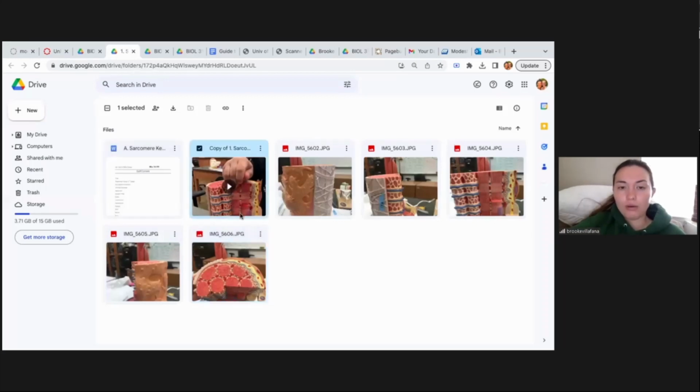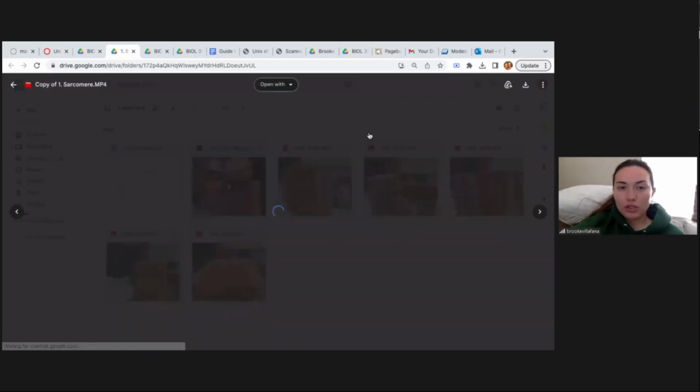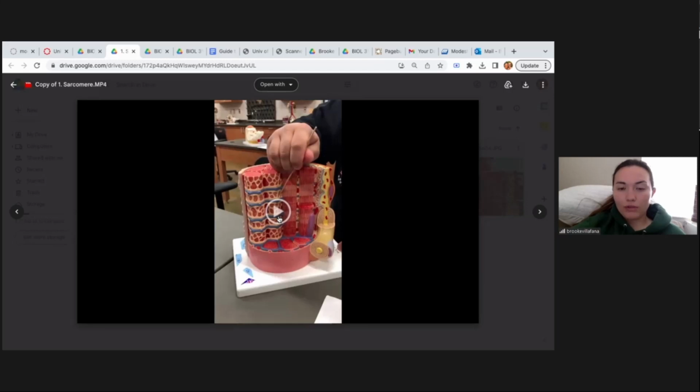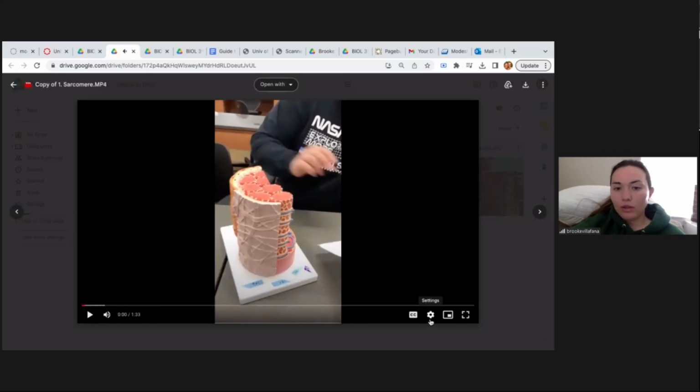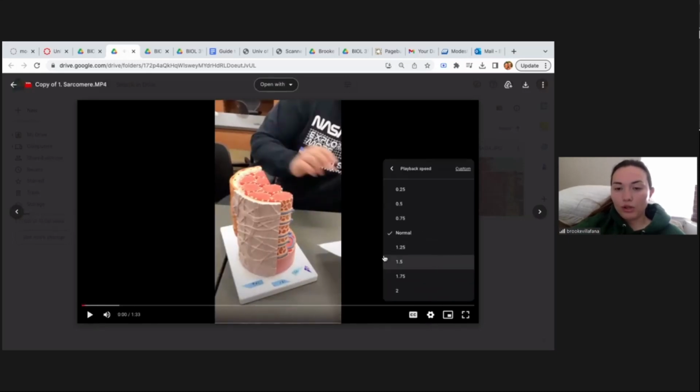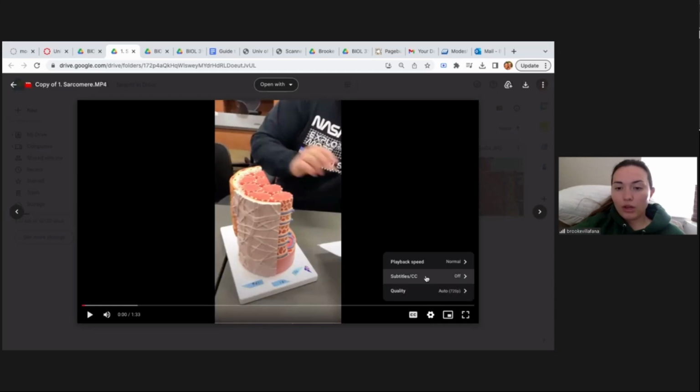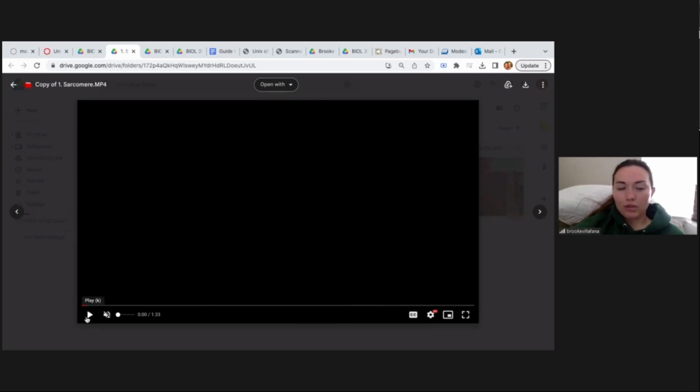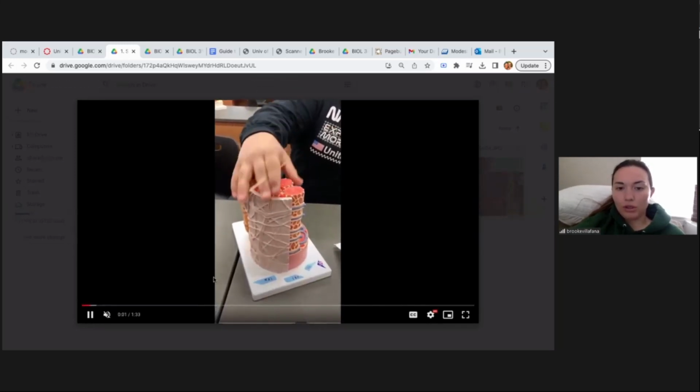Just to point out, for this unit, just like last time, every Google Drive link has a video of the previous SI leader covering everything you need to know about the model. So just to be really, really clear, you guys can use these videos to study. They're the same content as before. And remember, you can go to settings, to quality, to 1080p, and that will adjust the video so you can see everything in really good clarity.